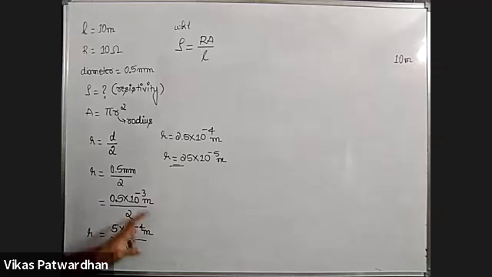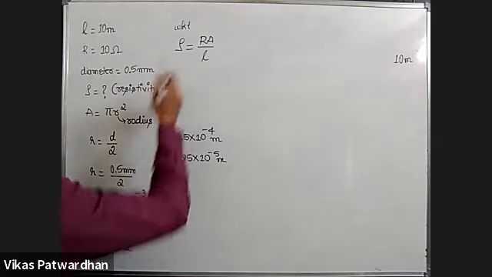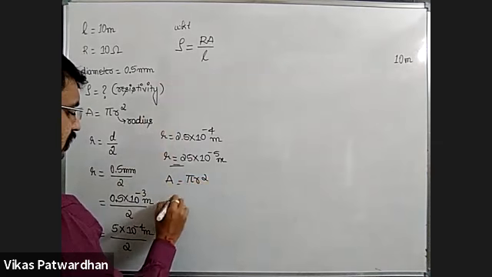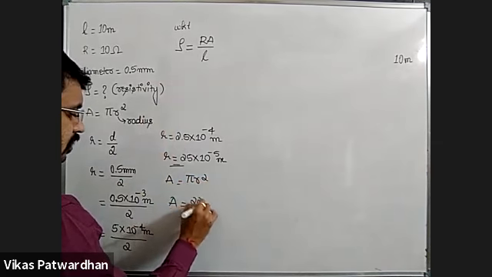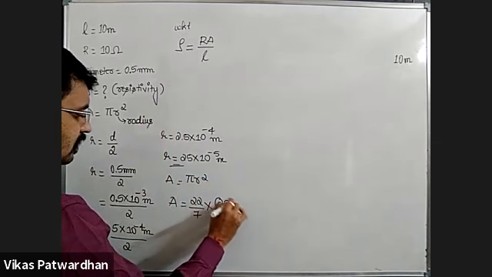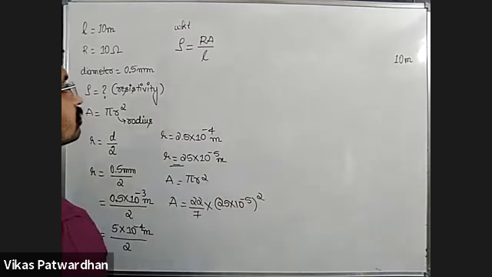And we know how it became 10 power minus 4, by shifting the decimal. By the way, I need area. A is equal to pi r square, or A is equal to 22 by 7 into 25 into 10 to the power of minus 5, the whole square.